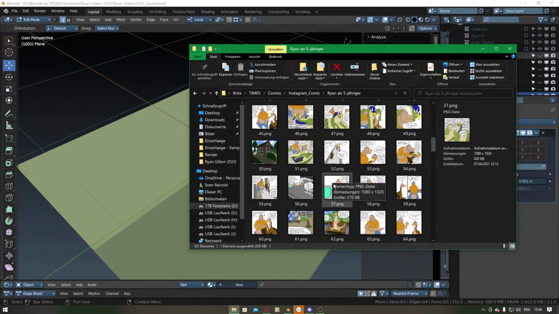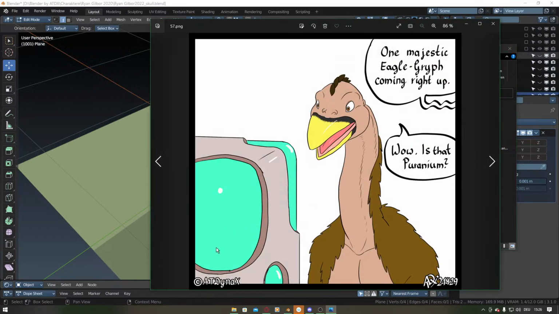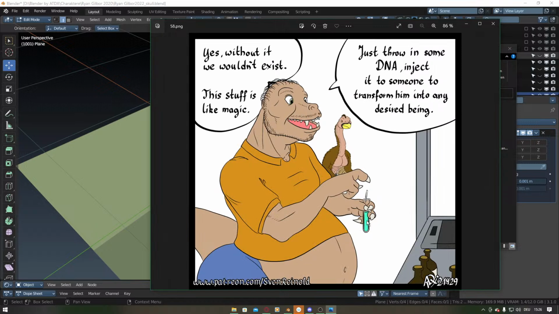And puranium is this stuff here. So he is the one that sells transformations and actually is performing one on him, because he is just a sad human bird mixture.